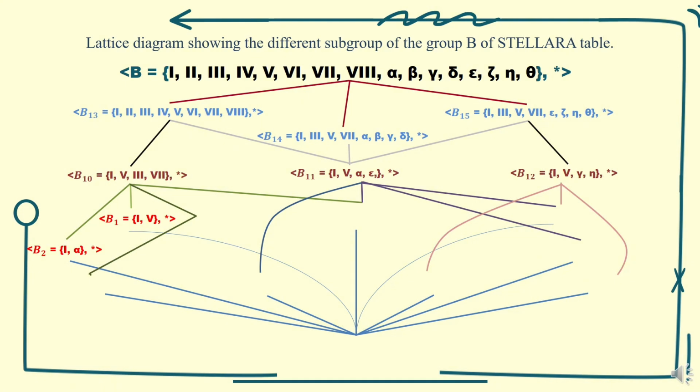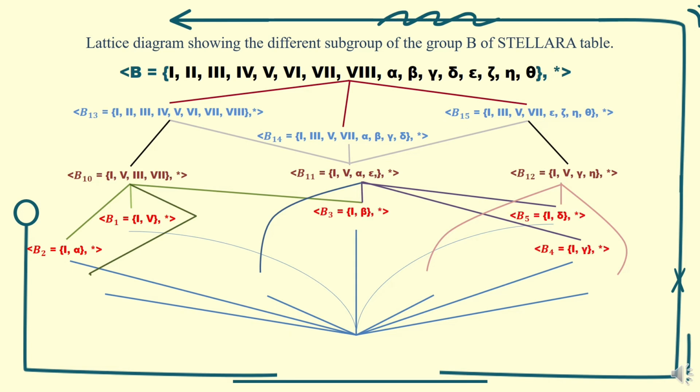B11 is equal to the set of 1, 5, alpha, and epsilon under the binary operation star is a proper subgroup. And lastly, B12 is equal to the set of 1, 5, gamma, and eta under the binary operation star is a proper subgroup that contains 4 elements.